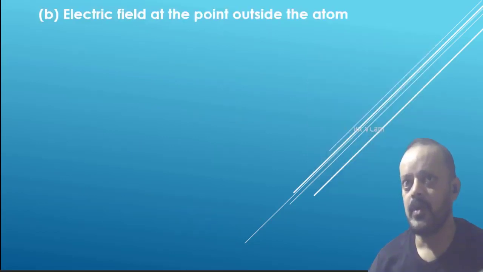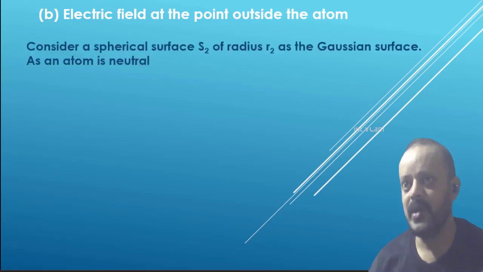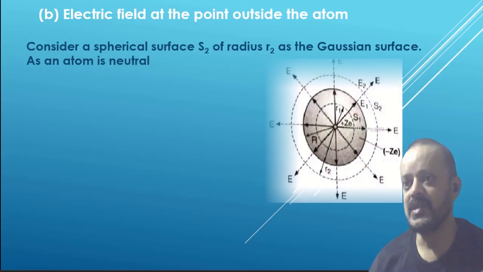Now the value of the electric field outside the atom at any point. To find the value of the electric field outside the atom, we consider a Gaussian surface of radius R2 shown in the diagram. This one.